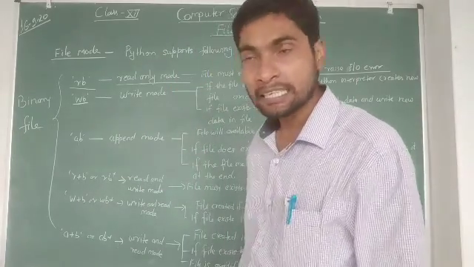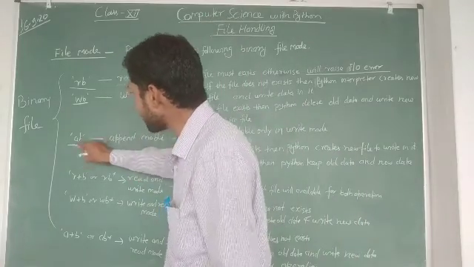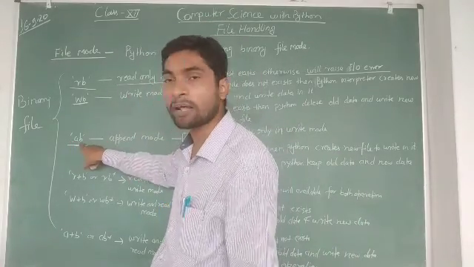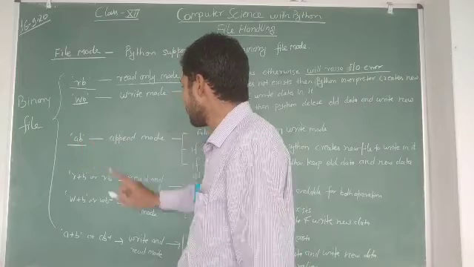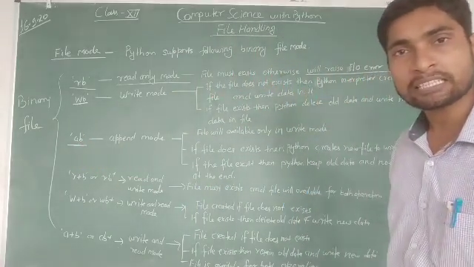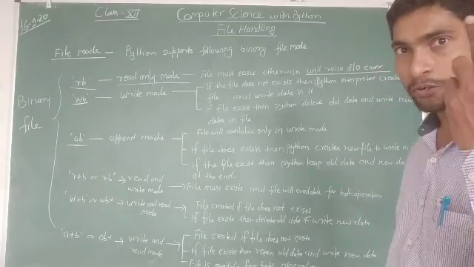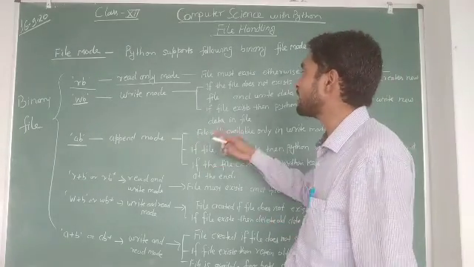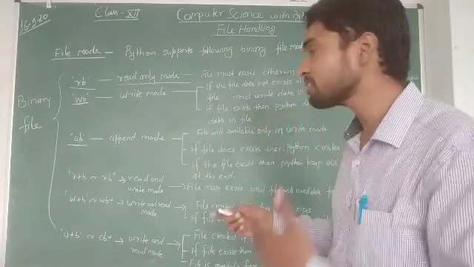Alright, now let us see the third mode, append mode. Append mode is indicated by AB. A stands for append and B for binary. In this mode, again we get two cases: if the file exists and if the file does not exist.